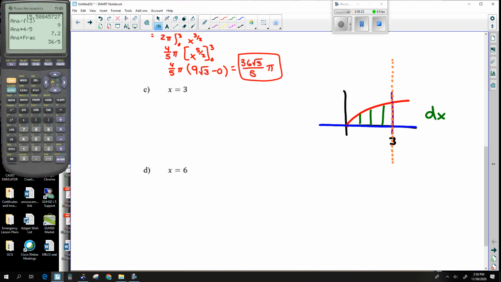So that's not that big of a deal, but notice how it's still a vertical rotation. Because it's a vertical rotation, we probably need to adjust our equation just a teensy-weensy bit, and I'll show you how. We're still going to do the shell method because it's a vertical rotation, and we're still going to do it in a dx.